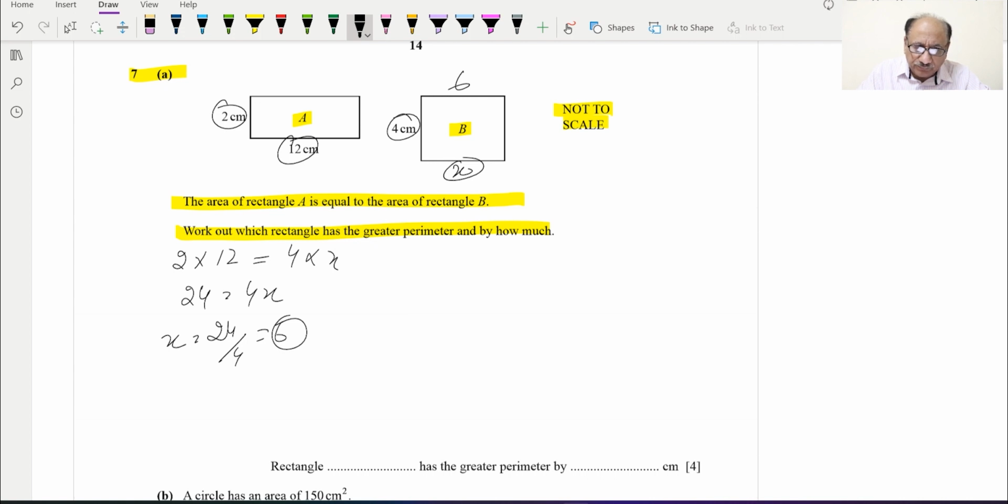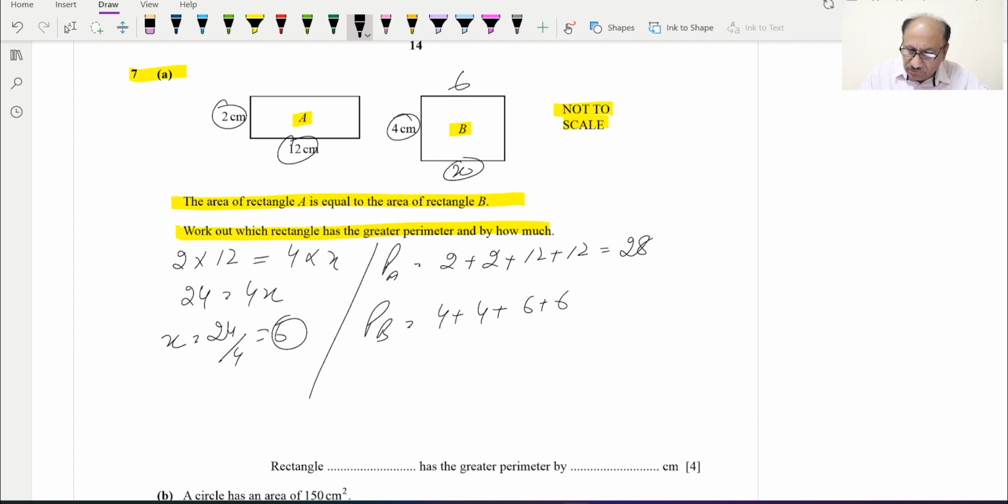So we can now find the perimeter, and perimeter of A will be equal to 2 plus 2 plus 12 plus 12. So this will be 28, and perimeter of B will be equal to 4 plus 4 plus 6 plus 6, and this will be equal to 20.